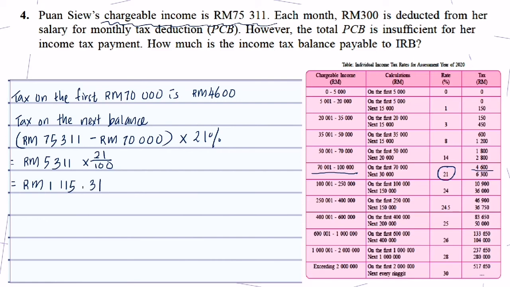Okay, got any eligible rebate or not? The salary is more than 35,000 and no zakat, so no tax rebate for this part. So we straight away count the income tax.